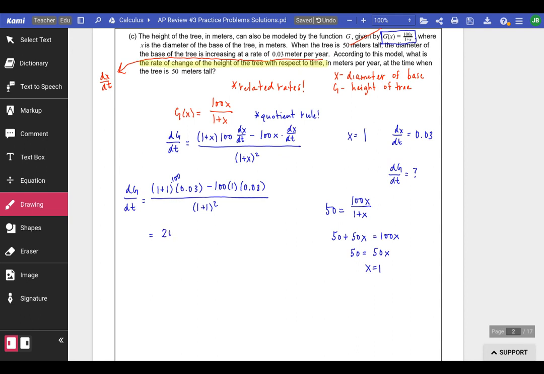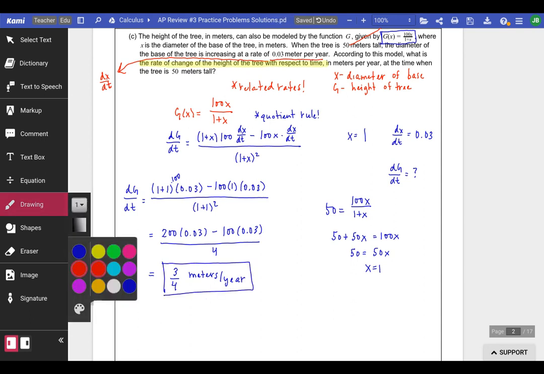Okay, so now I've got 200 times 0.03 minus 100 times 0.03 all over 2 squared, which is going to be 4. So if I simplify this, that's going to give me just 3/4. And then my units here would be meters per year, our final answer.